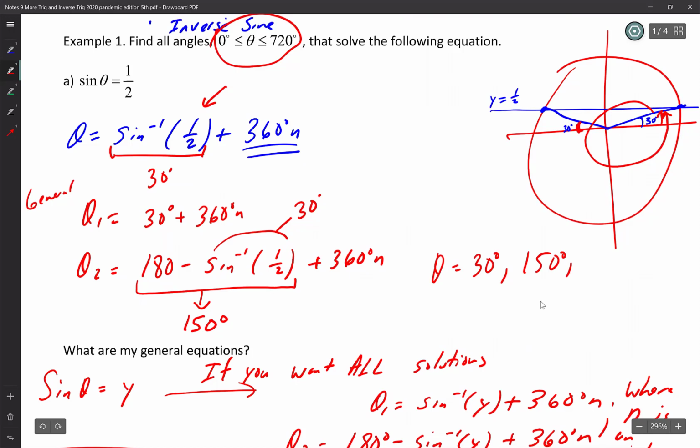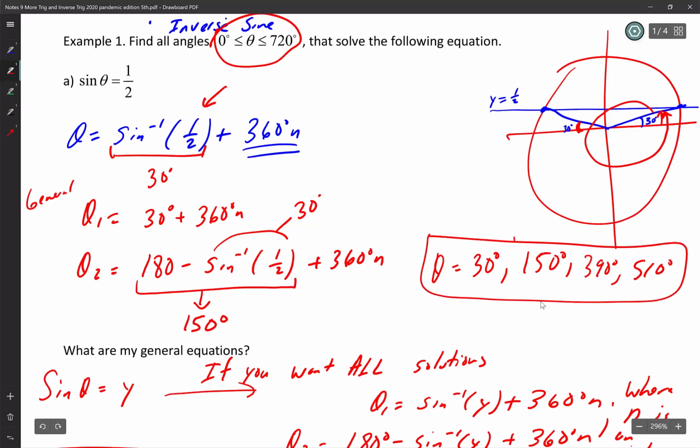And then 30 plus 360, that is 390. And then 150 plus 360, that is 510. And all these angles will give us our solution of sine being a half. And if you're wondering where I got them, here we go. I'm going to label them. Theta 1, theta 2. Theta 1, theta 2.